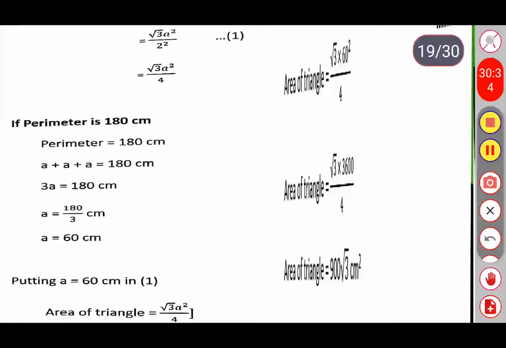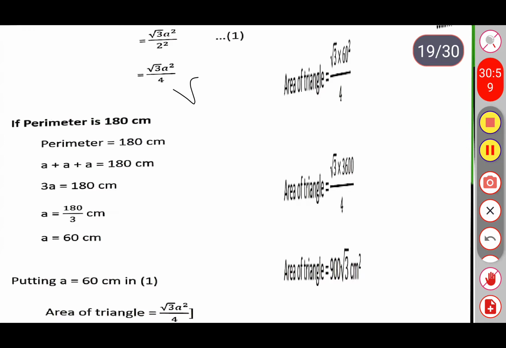It can also be written as, by taking the square root outside, the remaining part is root 3 A square. Once the A raised to 4 comes out of the square root, it changes to A square, right? We already learned in the previous classes about squares and square roots. So the square root of 16 is 4.